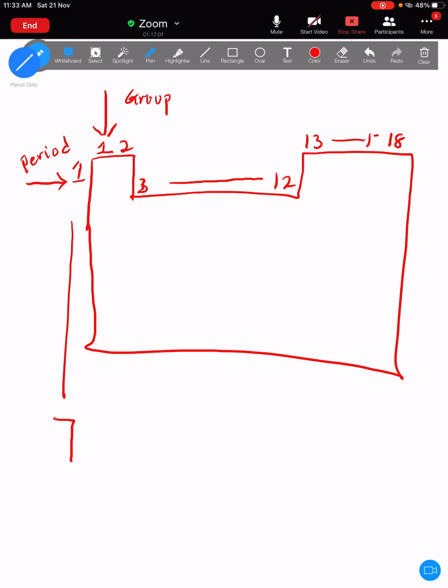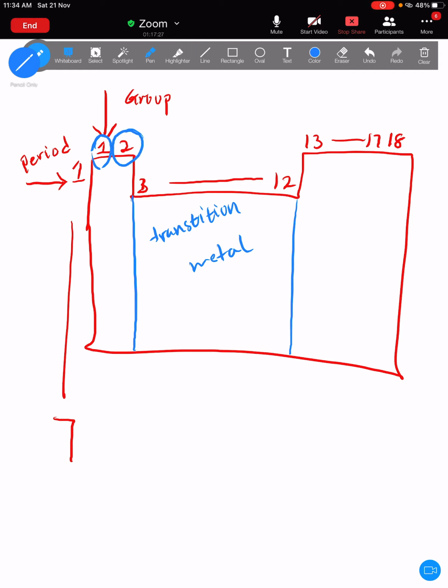Then you have 17 and 18. Such as, kalau kita tengok group 3 to 12, also known as transition metal. Group 1 is known as what? Alkaline metal. Very good. Group 2 is known as earth alkaline metal.